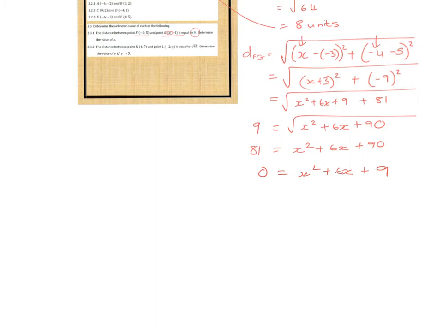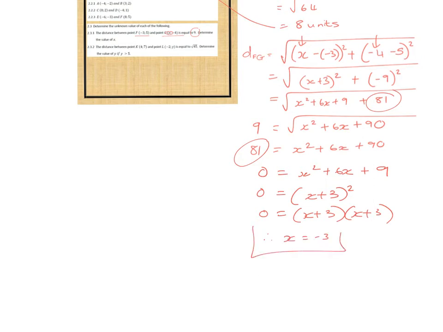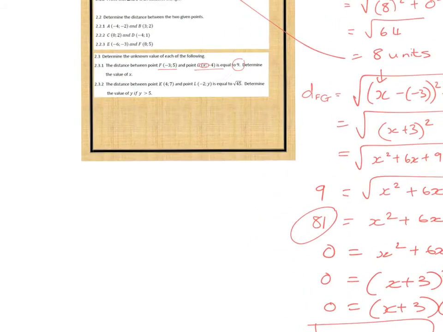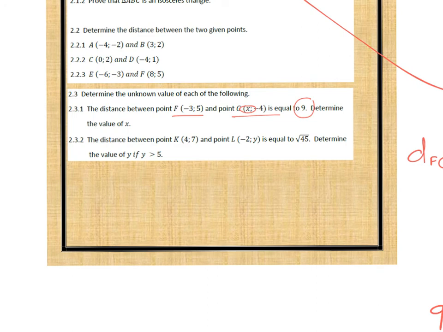So the 81 actually wasn't even needed for both. They cancel each other out. So if we factorize this, we get back to our x plus 3 all squared. So that means we have x plus 3, x plus 3. So therefore x equals -3 or x equals -3. So this must be our value. X is -3.